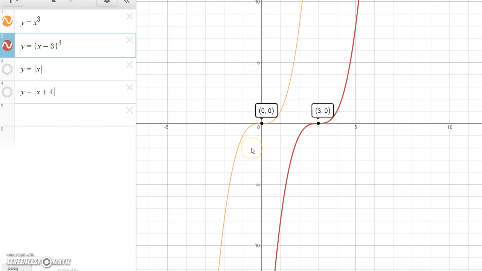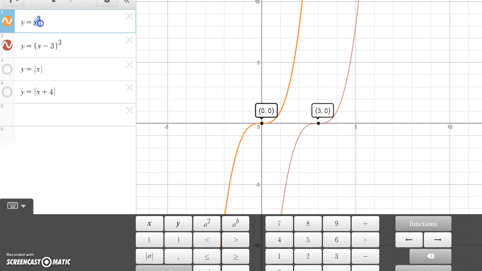All right. Now, you might ask, why does it shift to the right? Well, notice that for x cubed, when does y equal 0? Y is 0 when x is 0. But think about this one.